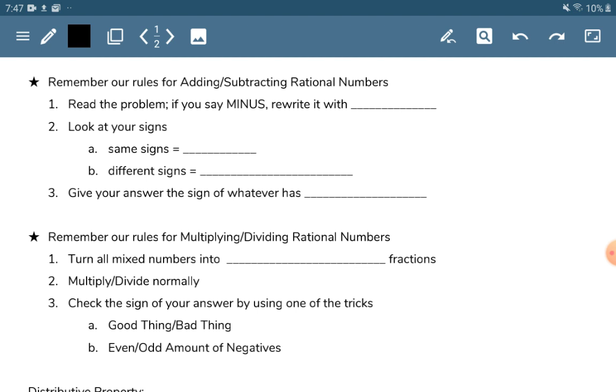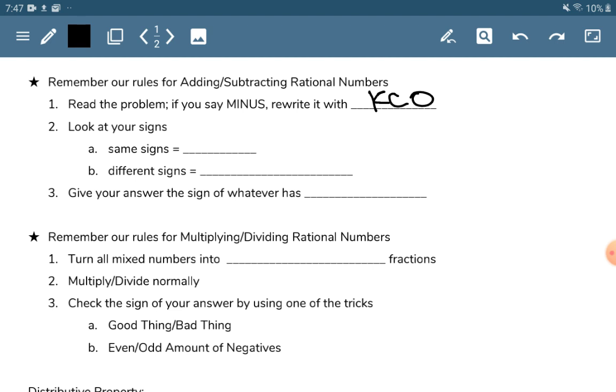Some other things that we need to remember that we've previously learned are our rules for adding and subtracting rational numbers. So the first thing we're going to do is we're going to read our problem either out loud or in your head. And if you say the word minus, that should be a clue to you that you need to rewrite it as addition. And we are going to do that with keep, change, opposite. We've practiced that several times, and we're going to use that to rewrite our problems if we need to.